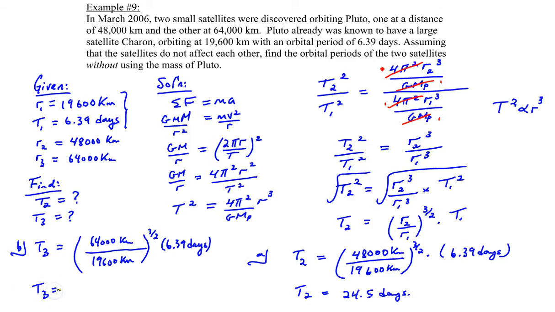And so once again, put that into your calculator, and you will get 37.7 days. Okay, and so now you know how to determine the time period of different satellites or moons that are orbiting around planets without actually needing the mass of the planet itself. And that's it for this example.